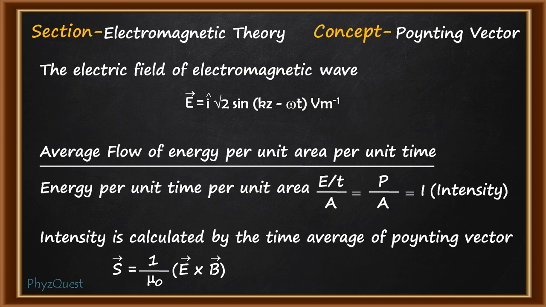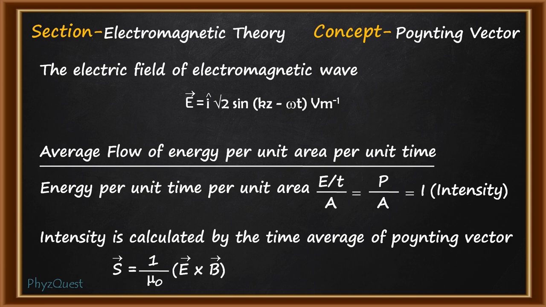It represents the instantaneous energy flow or power flow. But this instantaneous power flow will be fluctuating at a frequency of 2 omega, because both the electric field and the magnetic field vary sinusoidally. The Poynting vector is a combination of electric and magnetic fields, so the power flow will also fluctuate. This is the reason why the time average is taken, where these fluctuations are not considered.